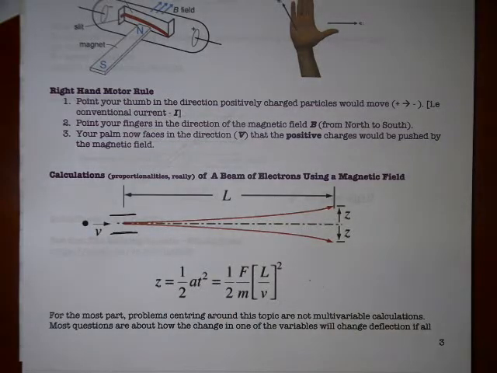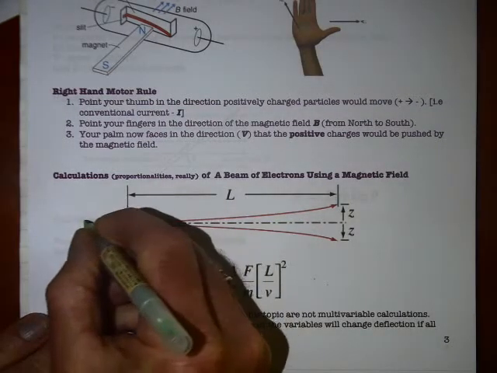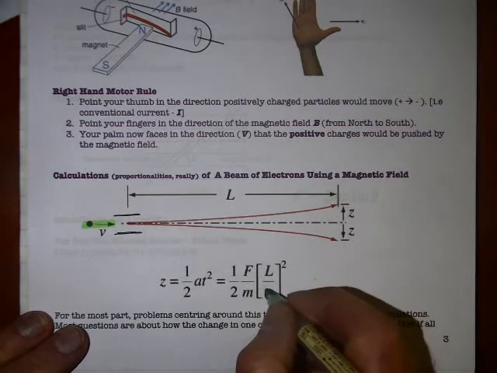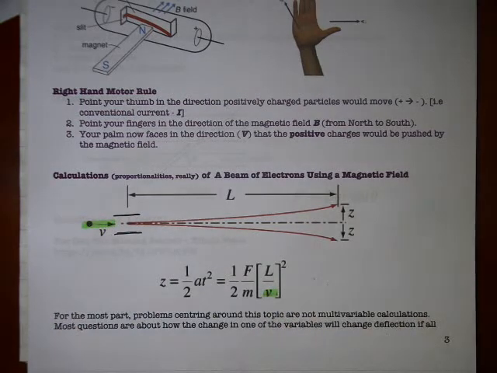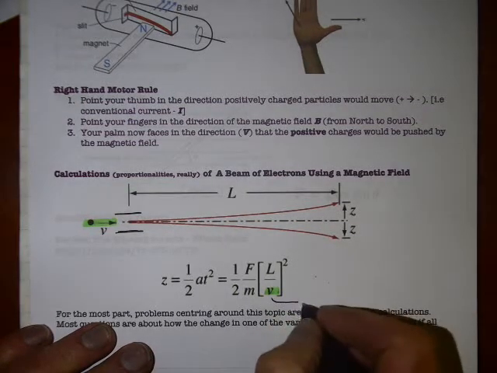So what this means here, this V here, I'm just going to color code this, represents the velocity of the particle.